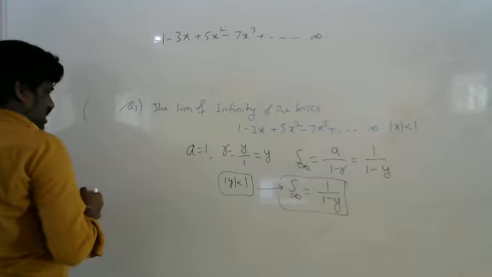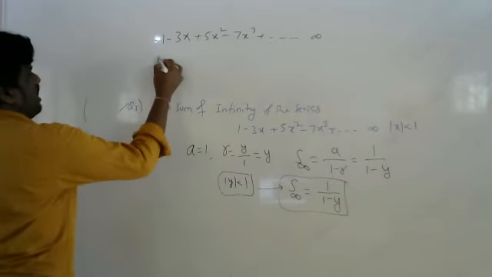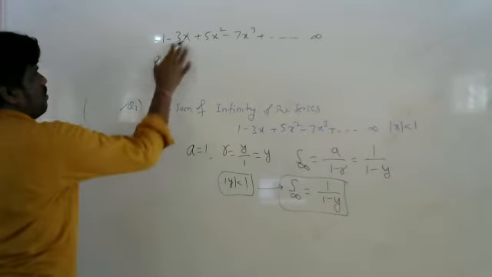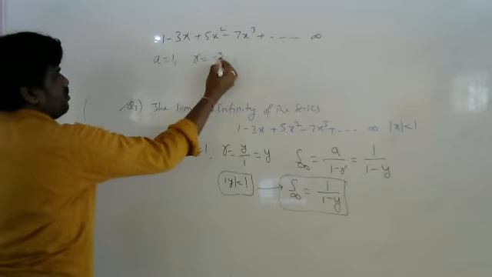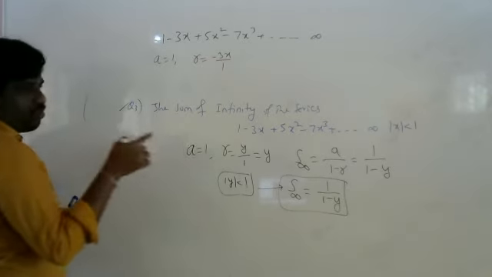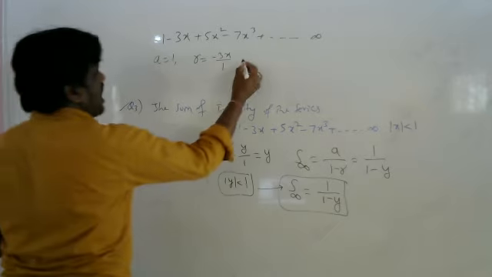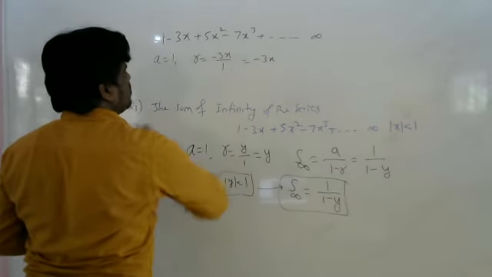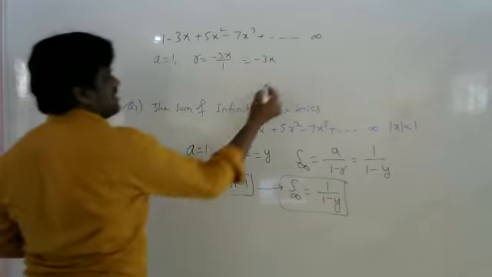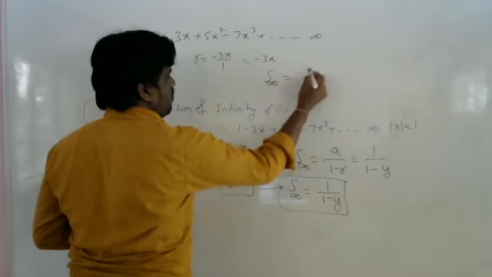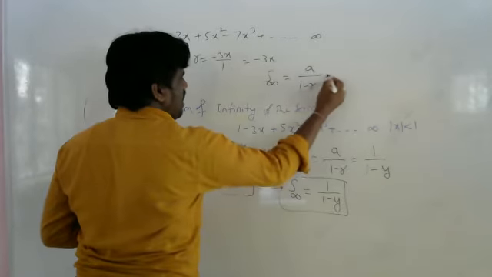So in this case, what is the value of a? A is equal to 1. What is the value of r? R is equal to minus 3x by 1, because r is t2 by t1. So r is equal to minus 3x. Now what is the formula? S infinity is equal to a by 1 minus r.